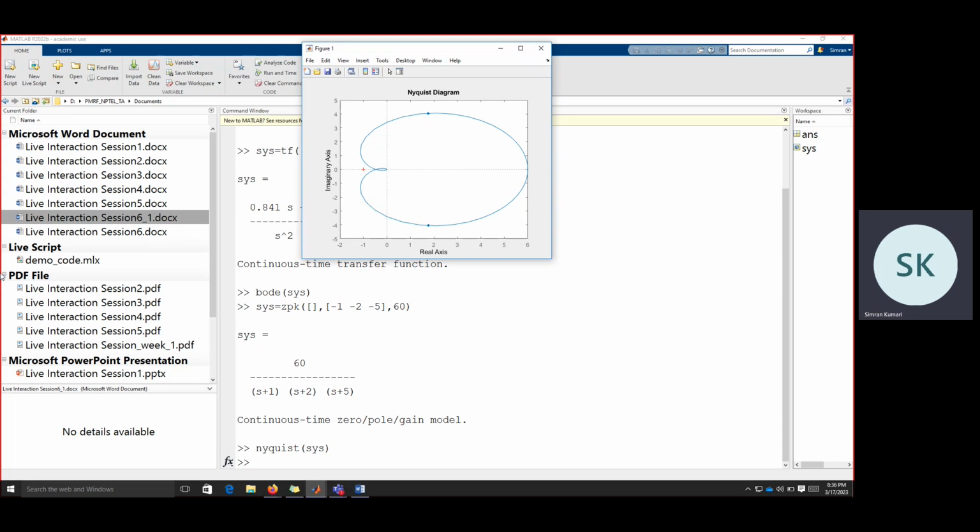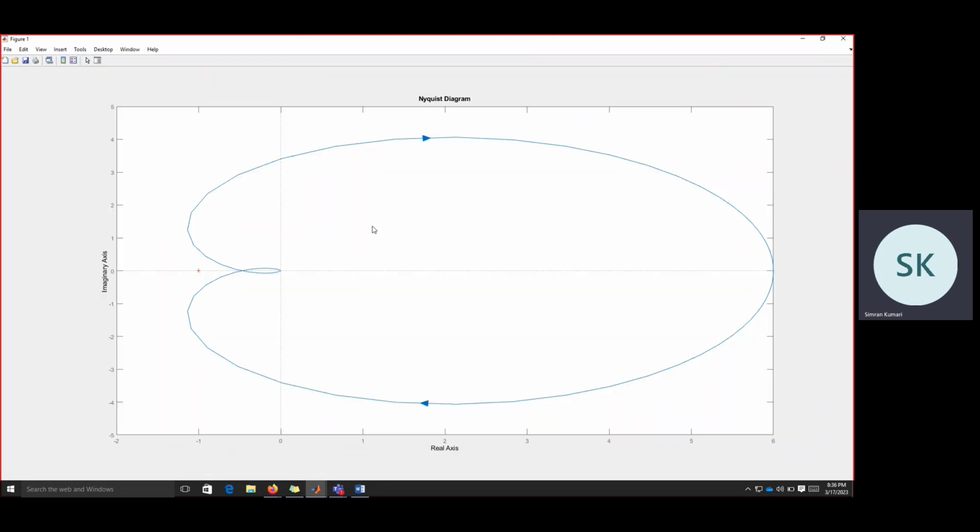This is the plot. This red mark is the point minus 1, 0. And this is the plot that we saw: from omega equal to 0, it will pass through 6 on the real axis, then it tends to 0 as omega tends to infinity.